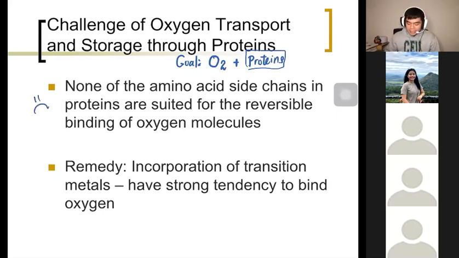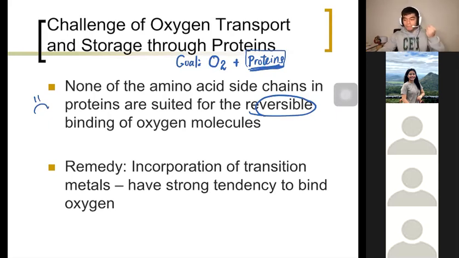Ang problema is, yung lahat ng amino acids na makikita natin sa isang protein, lahat ng 20 standard amino acids, wala sa kanila ang may kakayahang mag-bind sa oxygen reversibly. So ang point doon is, oo, makukuha nila yung oxygen, pero sa protein na forever yon. So problema na naman siya.